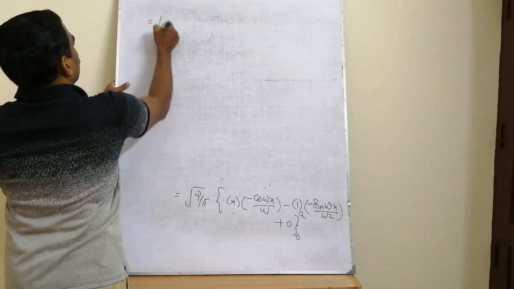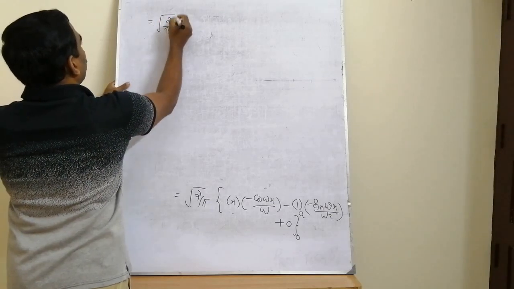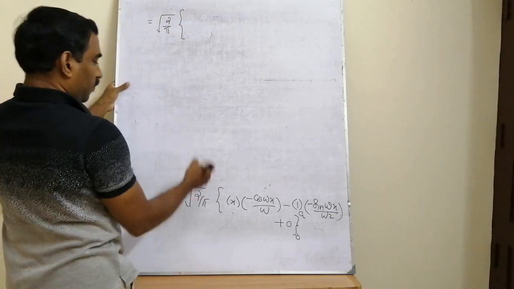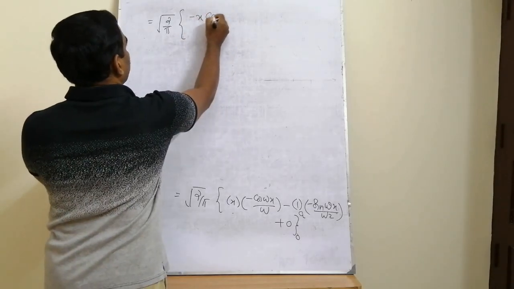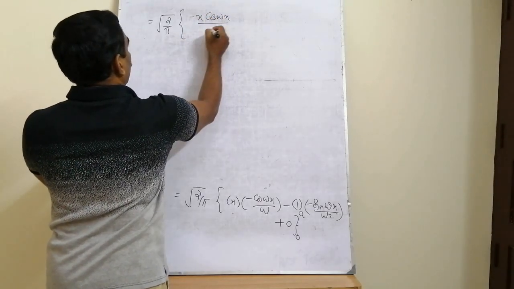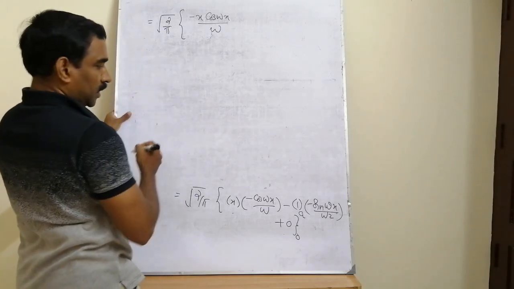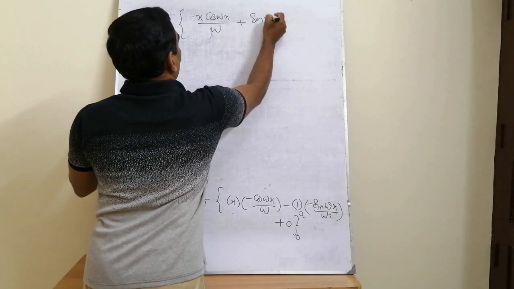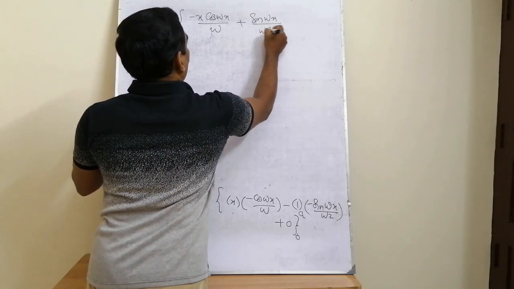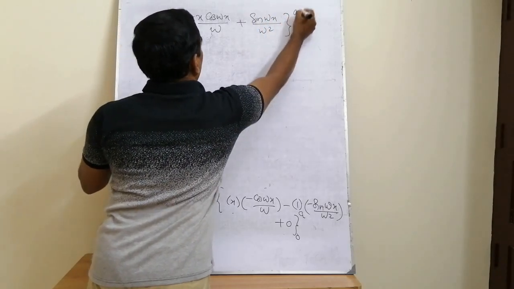This expression, that is square root of 2 by pi, first term minus x cos omega x by omega plus sin omega x by omega square, and evaluating from 0 to a.